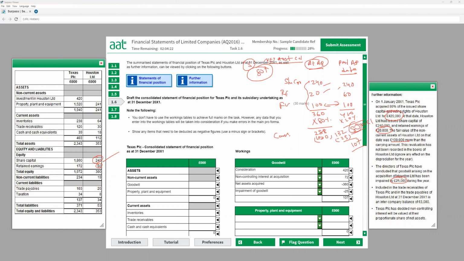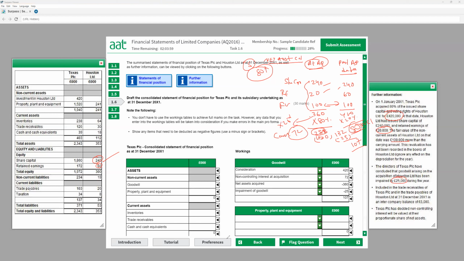This is the one they mean, 72. That's the one they are trying to show. If you have a look, 360, 80% is 288. That means 20% for the subsidiary is 72. So don't be confused. But this working is very helpful to do the rest of the question very quickly.